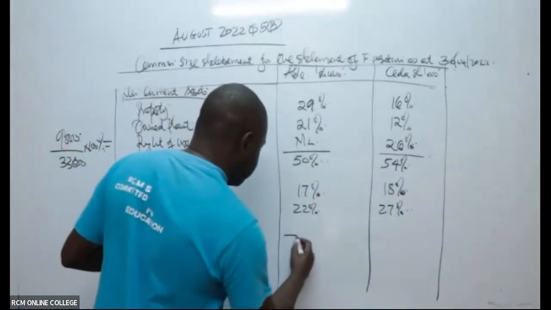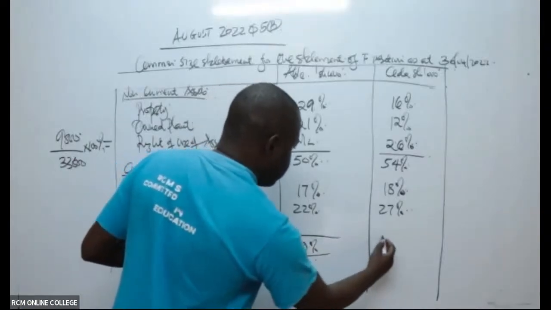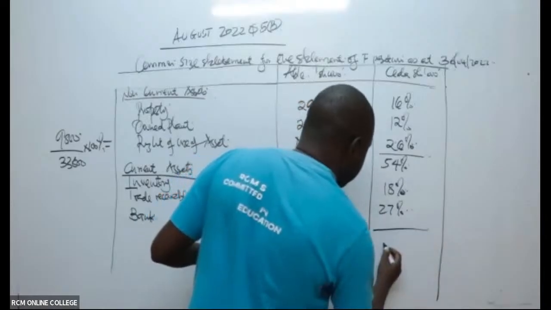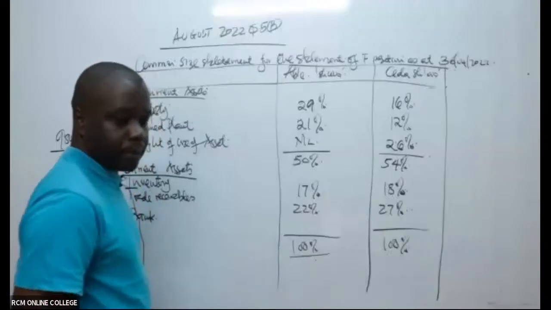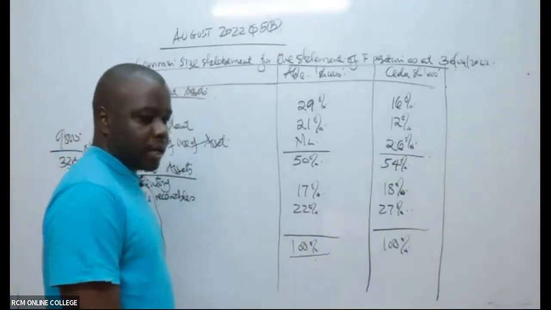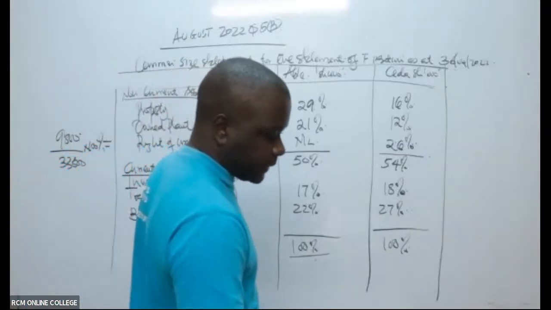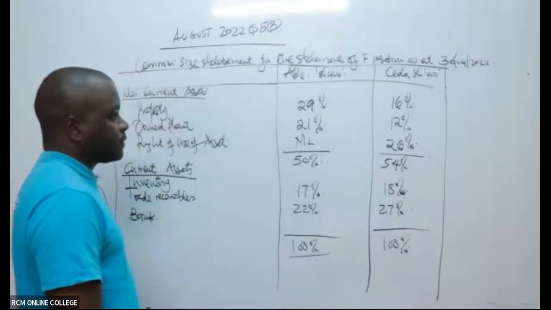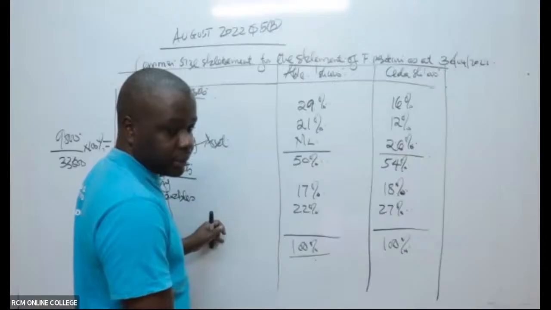this one should give us a total of 100%. What about bank here? For bank, 11.5%.